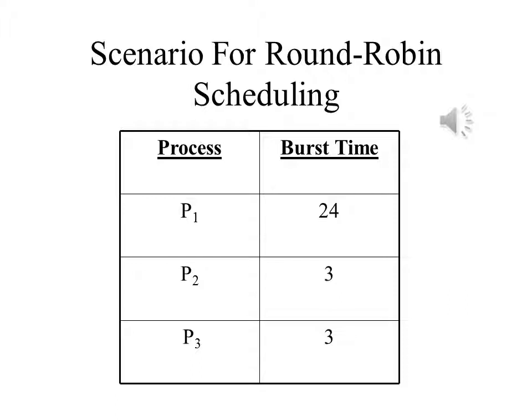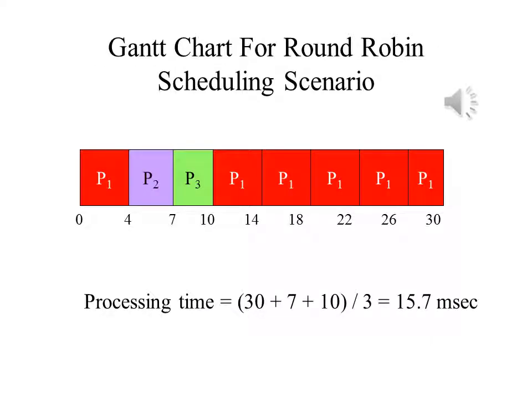Let's consider our three processes again with a maximum time quantum of 4 milliseconds. You'll notice that process 1 gets into the CPU first, but then gets bumped out pretty quickly.